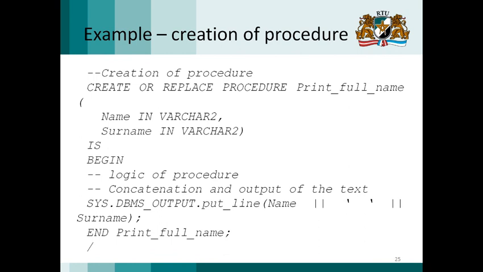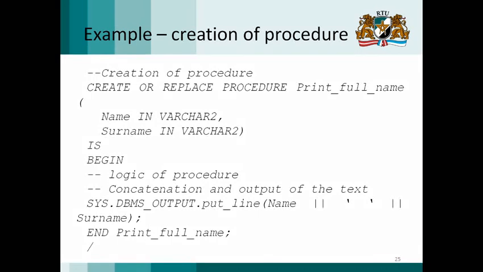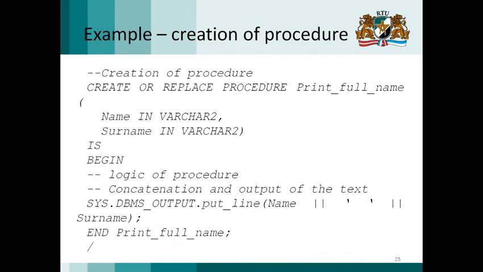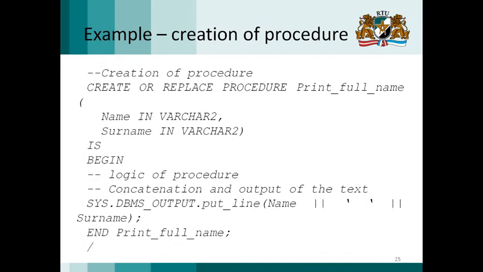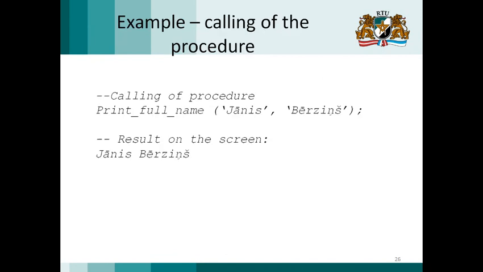This just denotes a space between name and surname. Otherwise, they would be written together. And there's again a concatenation operator and surname. So this procedure takes two parameters, name and surname, and prints them out.